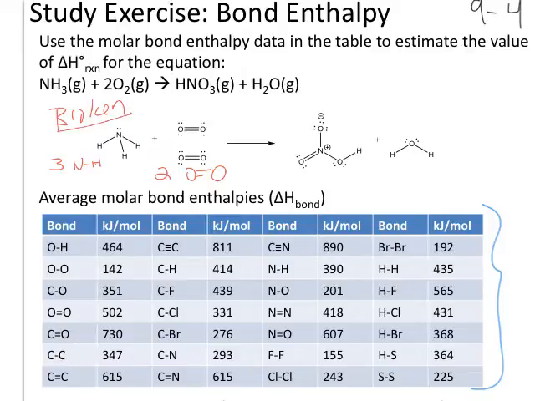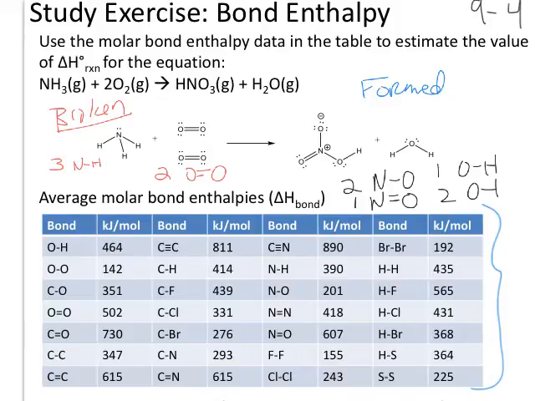And then for bonds formed, we have 2 N single bond O's formed. We have 1 N double bond oxygen formed. We have 1 OH bond formed, and we have 2 OH bonds formed here. Okay.